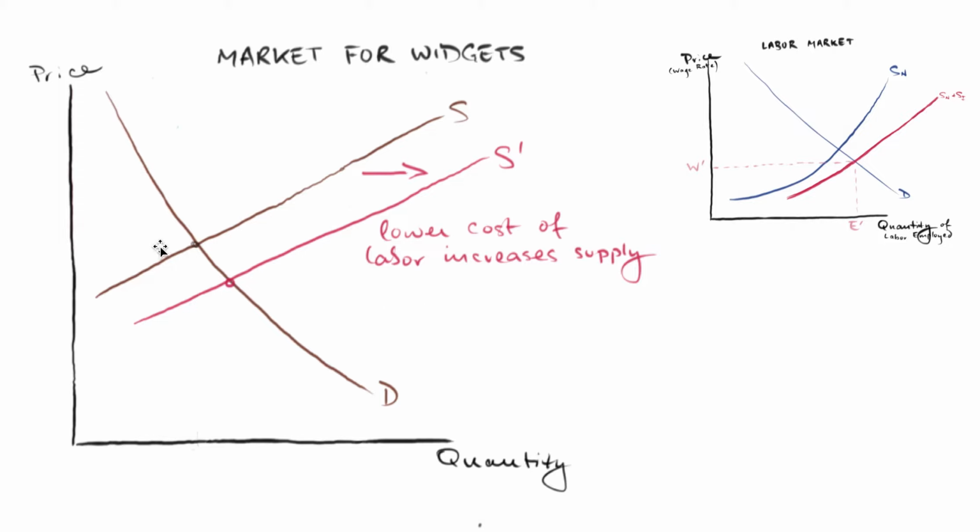All right, so the widget market will find a new equilibrium, and price will be P prime, quantity sold will be Q prime. So the equilibrium has moved from this little point on the initial supply curve down and to the right, P prime and Q prime. So the price of widgets has gone down and more widgets are being sold.